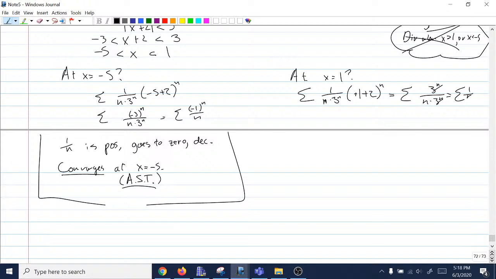This is the sum of 1 over n. That's the harmonic series. It diverges at x equals 1. Cool.